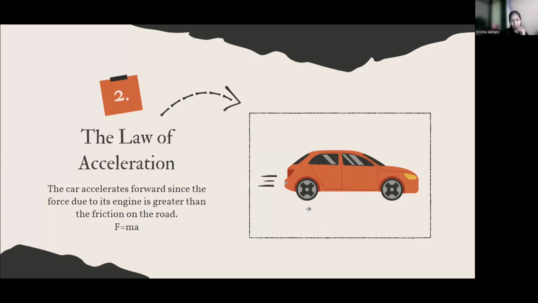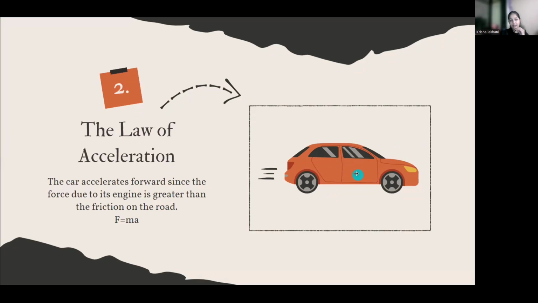Are you understanding my point? Then the car will accelerate ahead. So that is how the law of acceleration works. In the same way, when you press the accelerator, when you apply the mass on it, and when you apply the force on it, the engine starts to accelerate, and then you can move forward. I hope these points are clear to you all.